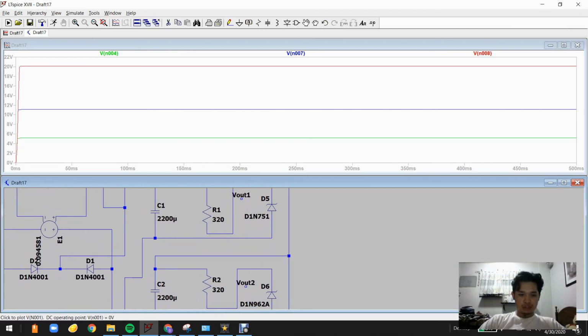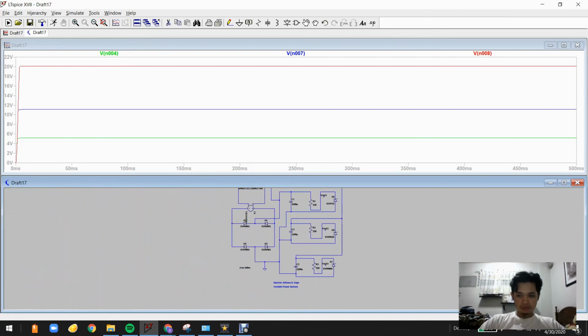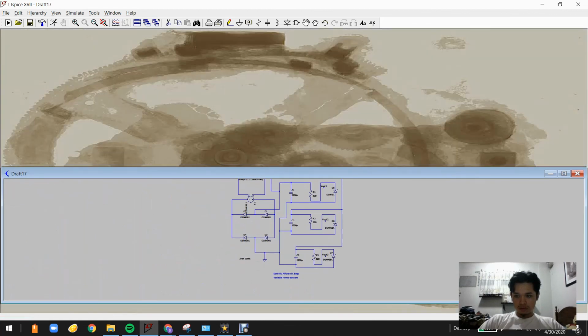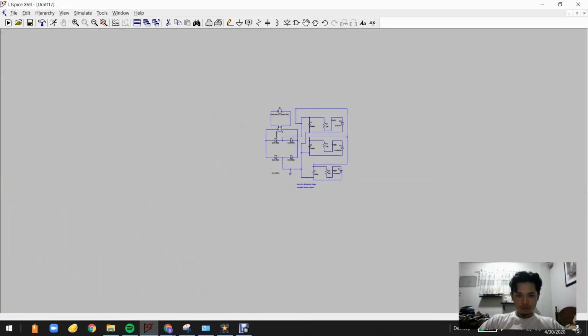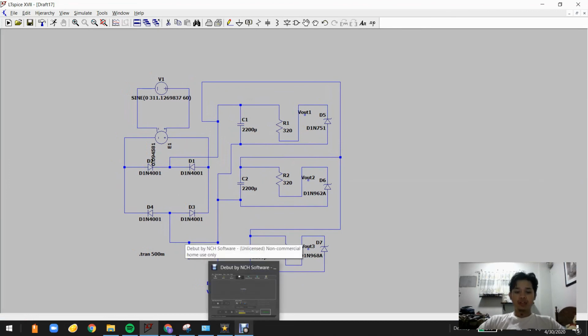So would come out here. So yeah, that's basically it. So again, this is the circuit, and I hope you enjoy and learn something here.